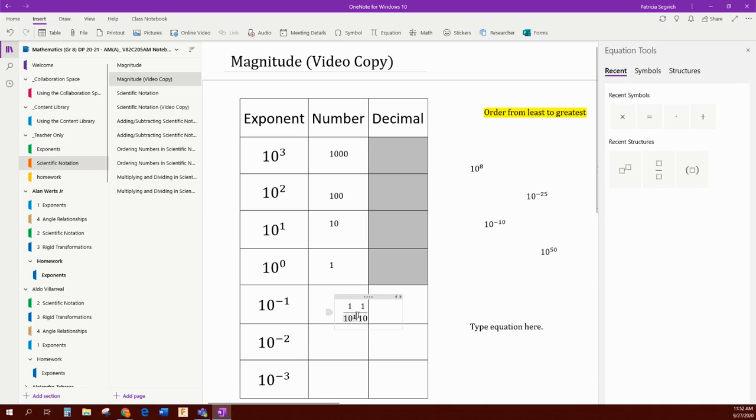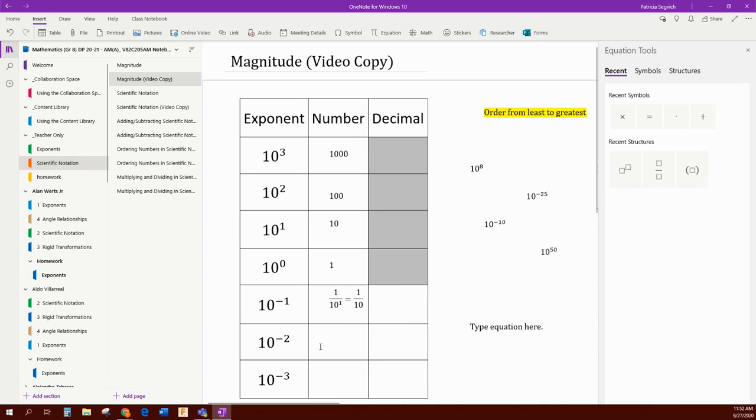And that's going to equal, I know this can be tricky at times, in the middle I'm going to put our equal sign. So 10 to the negative 1 is the same as 1 over 10 to the first, which is the same as 1 over 10.